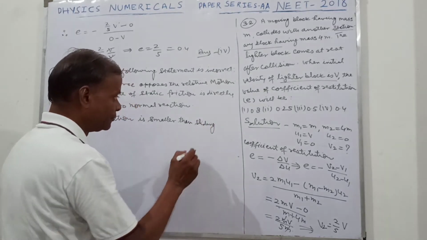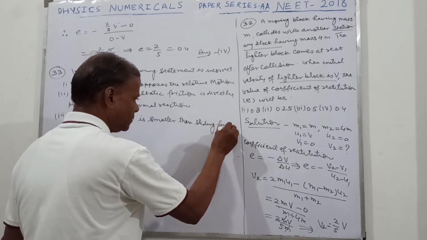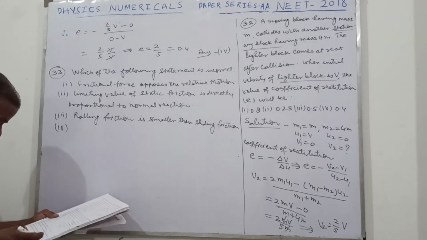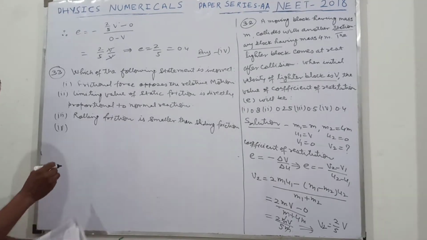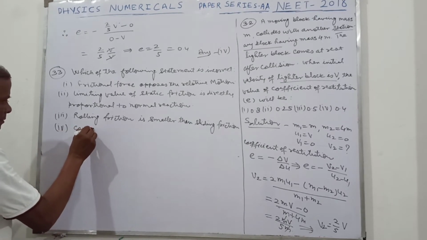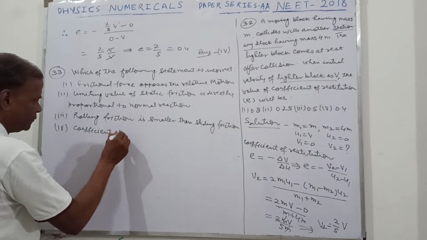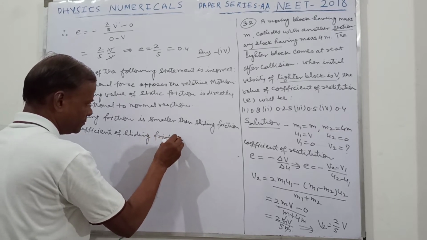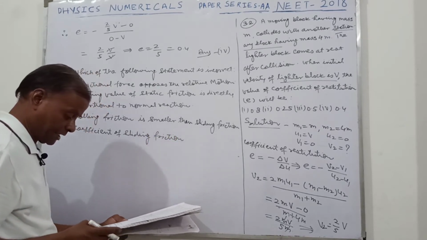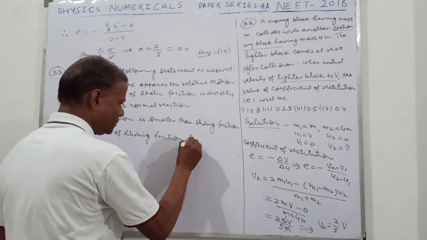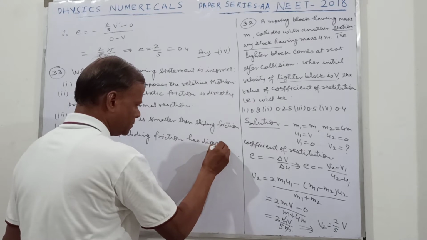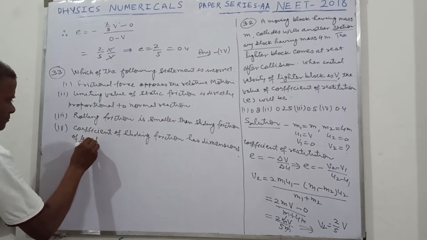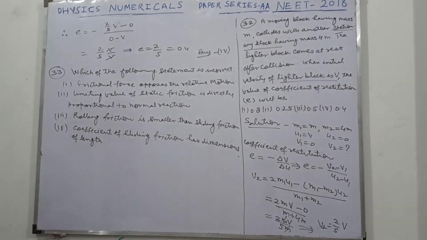And fourth, coefficient of sliding friction has dimensions of length. So these are all given here.